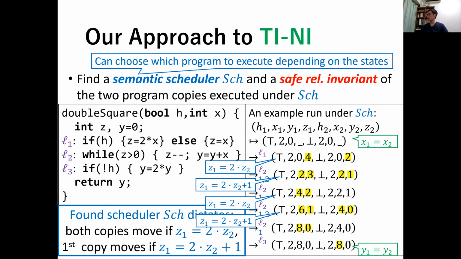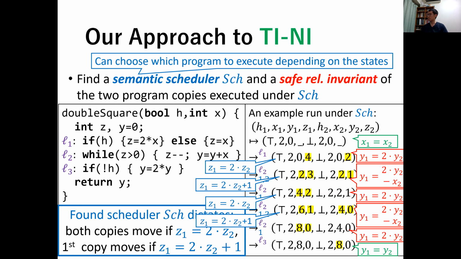And we have this. Note that, again, the initial and the final state satisfy the pre and post that we wanted. Initially, the values of low security inputs are the same, and the values of low security outputs are the same. Additionally, if you look at the valuation of y in these runs, you have this. So at every odd iteration of the loop, the value of y in the first copy is 2 times the value of y in the second copy, and at every even iteration, the value of y in the first copy is 2 times the value of y in the second copy minus x.